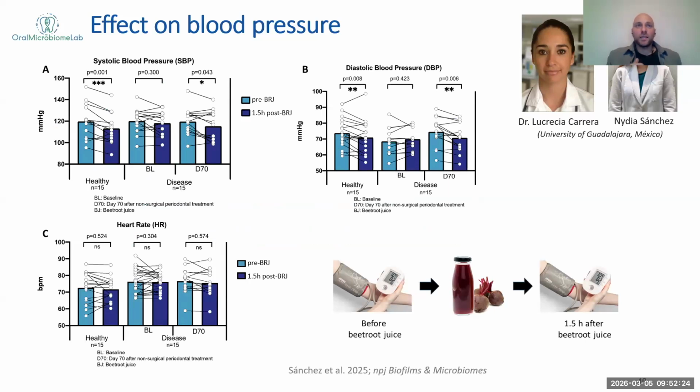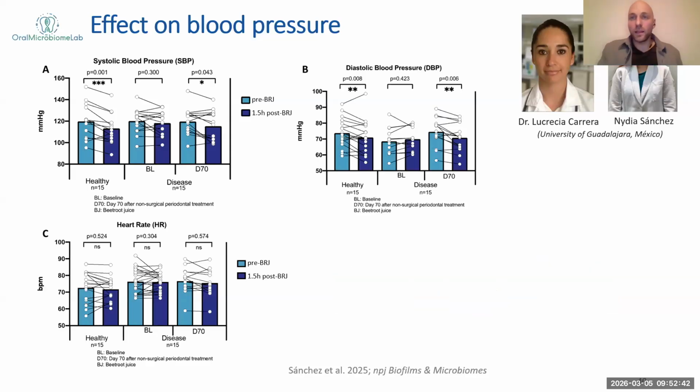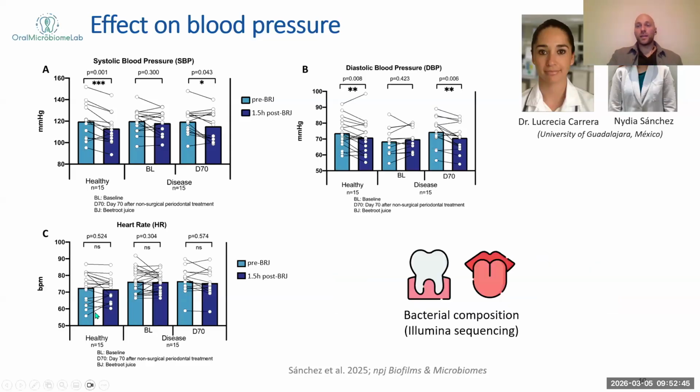But basically, these results indicate that periodontitis can limit some benefits of vegetables, and periodontal treatment is important to keep the nitrate reduction function of the oral microbiota intact in individuals with this disease. In this study, we also looked at the bacterial composition of subgingival plaque and the tongue coating.